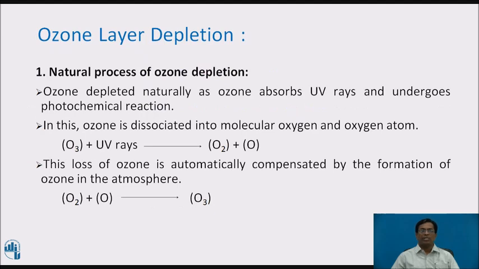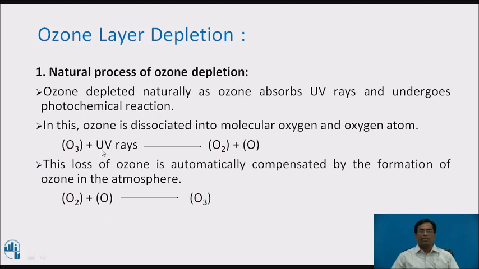First, the natural process of ozone depletion. Ozone is depleted naturally as ozone absorbs UV radiations and undergoes photochemical reactions. In this, ozone is dissociated into molecular oxygen and an oxygen atom.